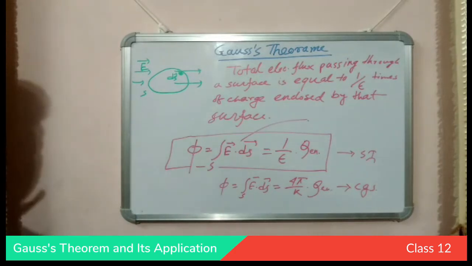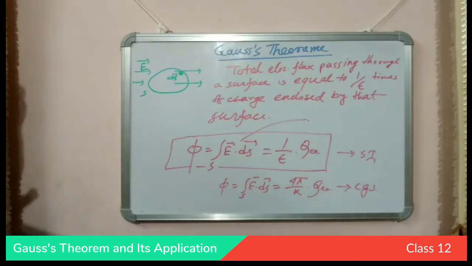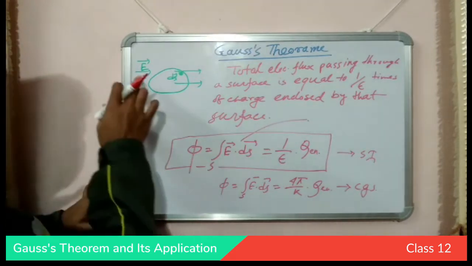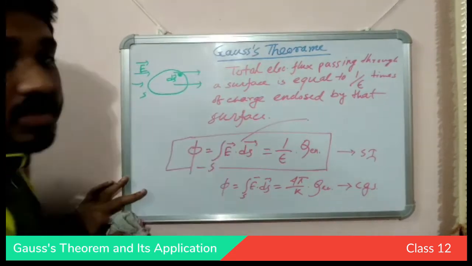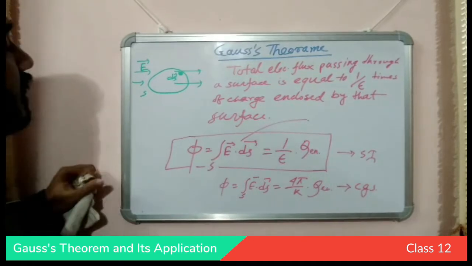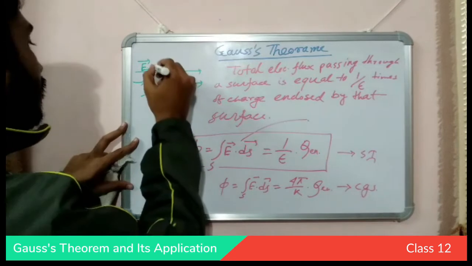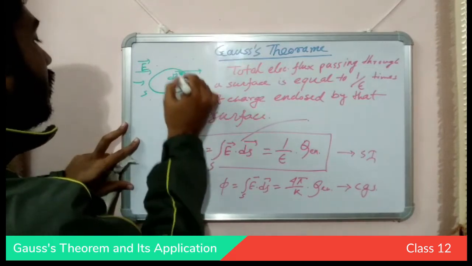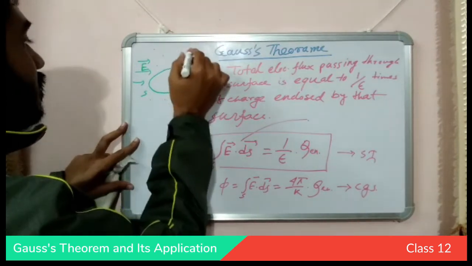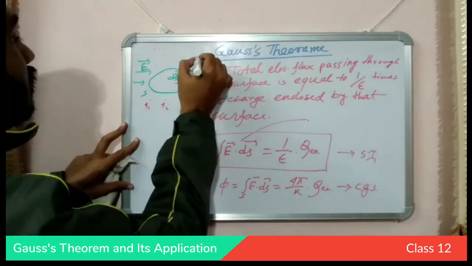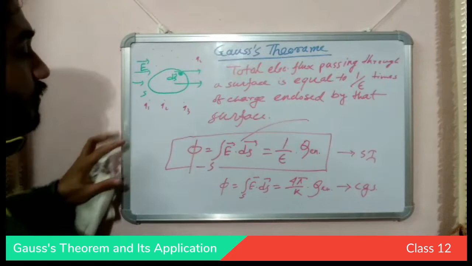Now suppose there is only one electric charge present, and if there are multiple electric charges, that is q1, q2, q3, q4 and so on.